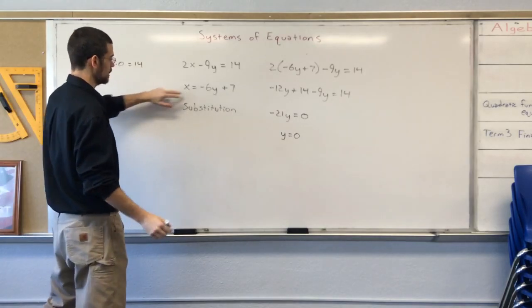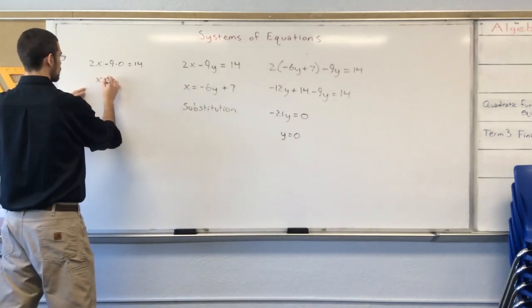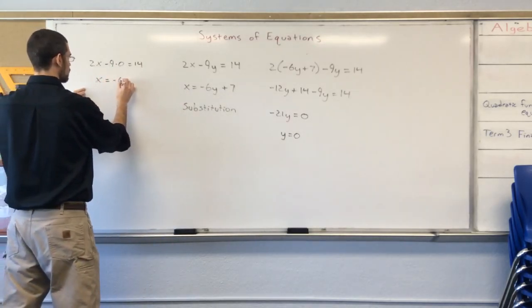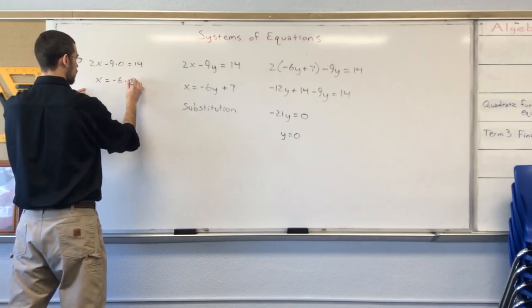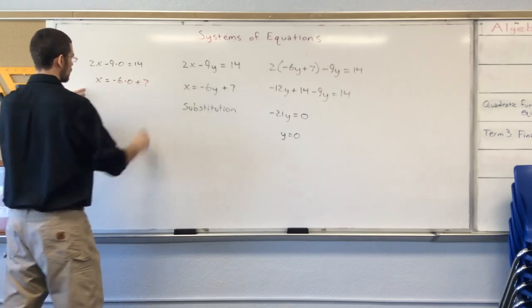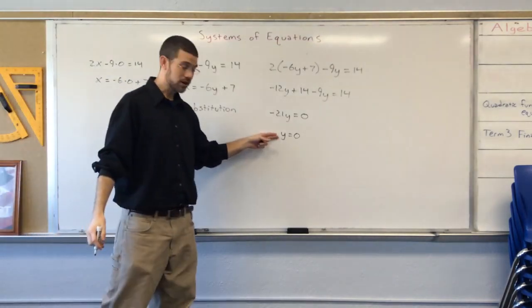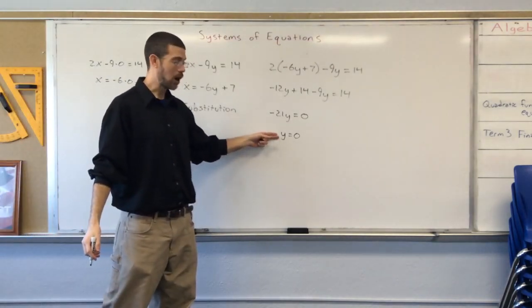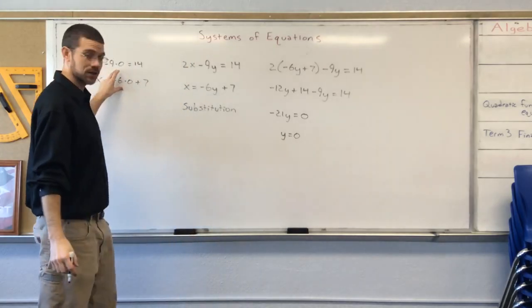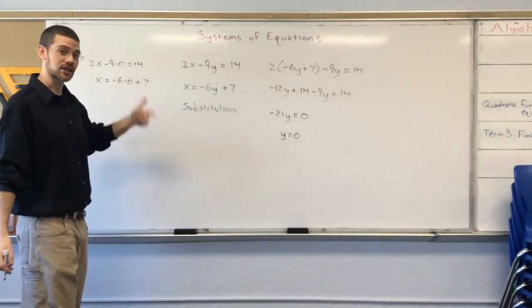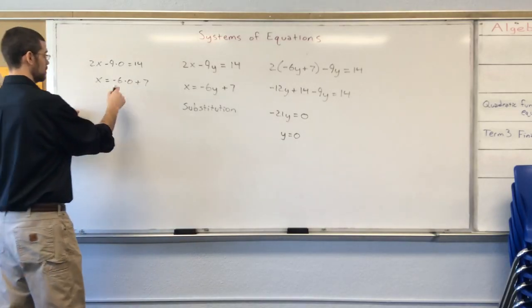If we do that in the second equation, we get x equals negative 6 times 0 plus 7. Now let's simplify both of them. If we got a true answer for what y is, then both of these equations will give us the same x value. So let's see what happens.